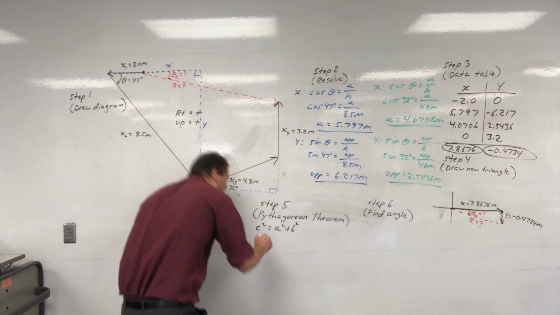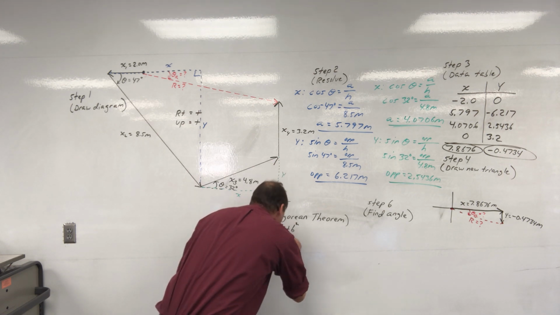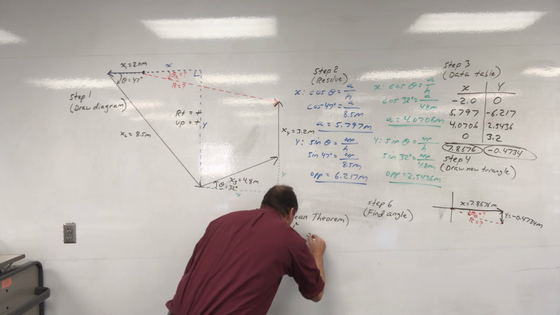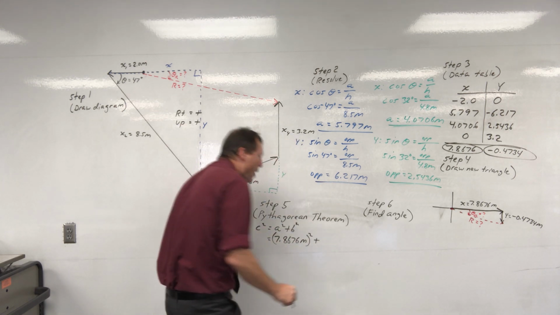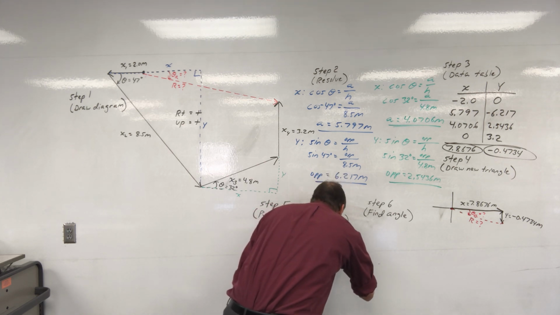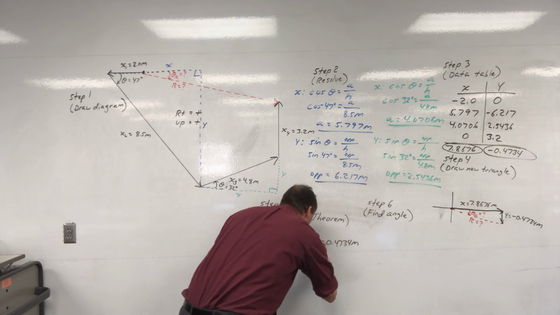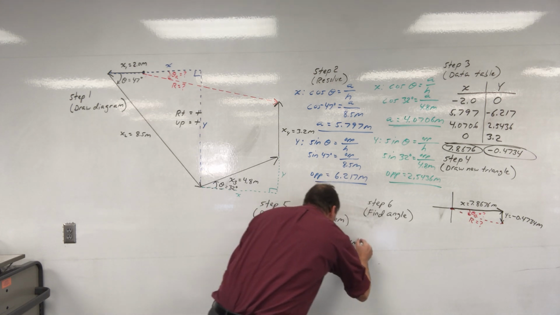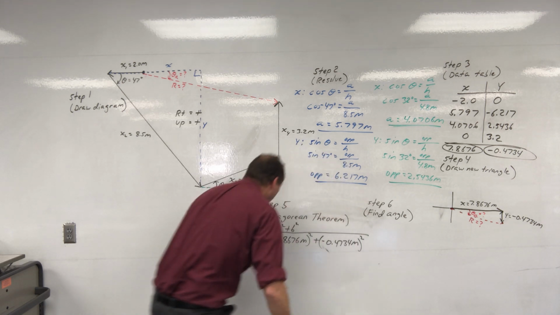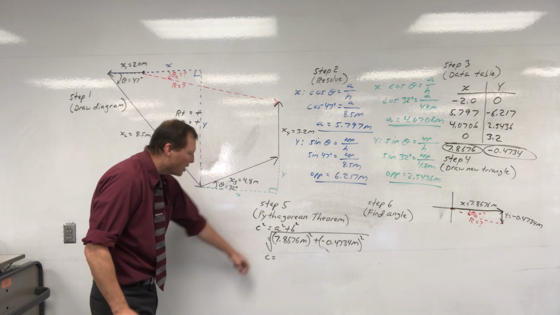So I'm going to go ahead and put my x component in for a, 7.8676 meters. I'm going to square that, plus my y component, negative 0.4734 meters, and I'll square that. Then I need to take the square root of the whole thing to get c all by itself, because I want to go from c squared to c.